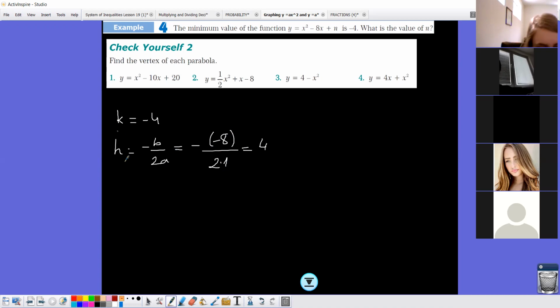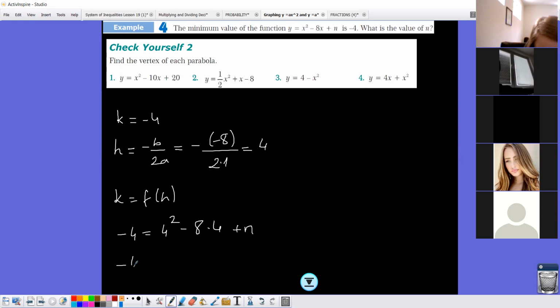What will help me, if I know these two? Now we have the function, and we know that k is equal to f of h, yes? So k is equal to minus 4, it is given. H I know, so I will write 4 instead of x: 4 squared minus 8 times 4 plus n.